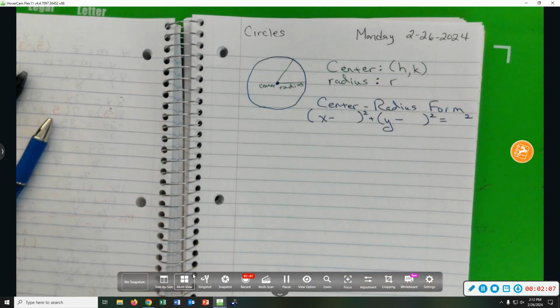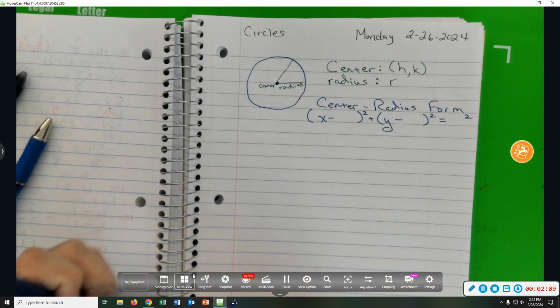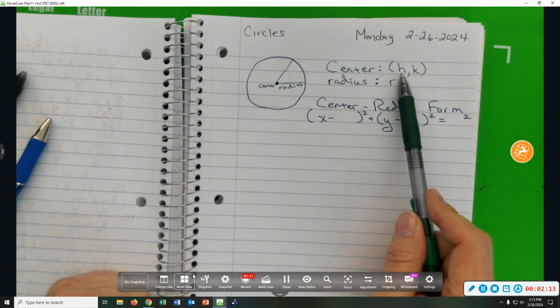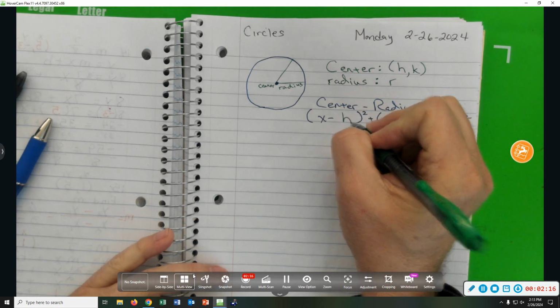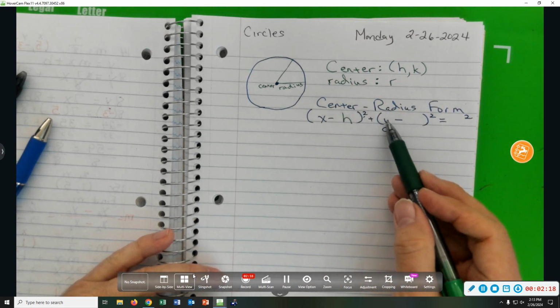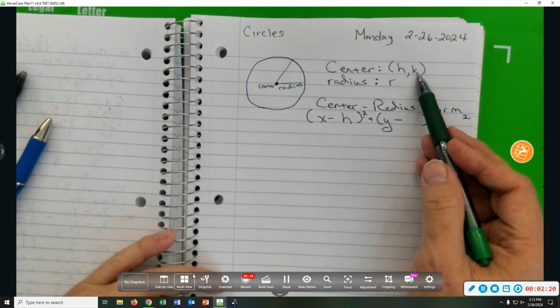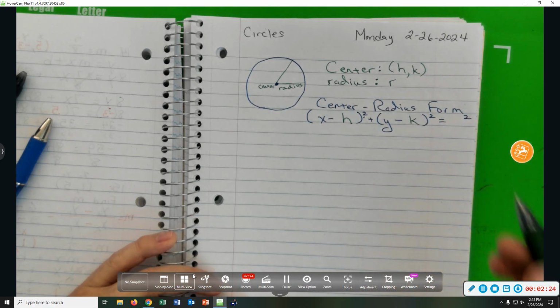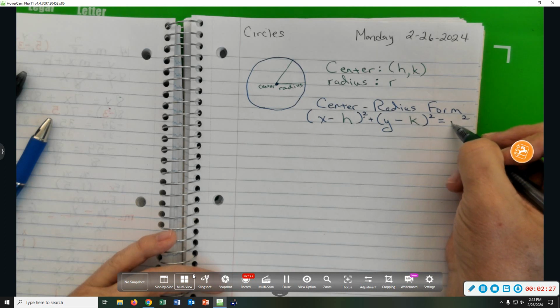I'm going to fill in the spaces that I left there. It's x minus the x coordinate of the center quantity squared, and then y minus the y coordinate of the center quantity squared equals, and on the right side we have the radius squared.